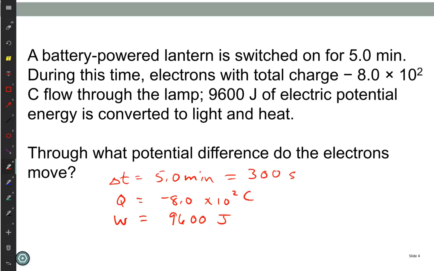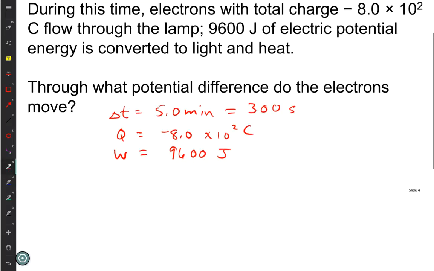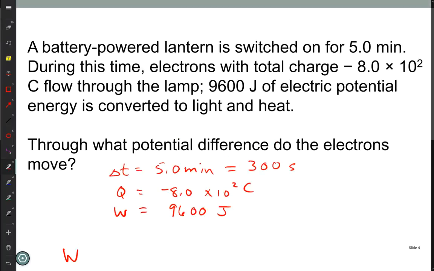How in the world can I calculate this? The equation for the change in voltage. Okay, I need an equation that's going to relate the change in voltage to the, well, actually that didn't say work, it said change in potential energy, so let me change it to change in potential energy.